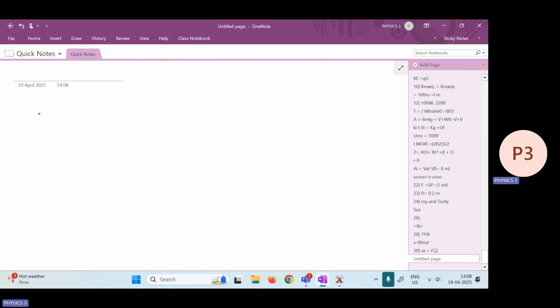The 31st question. We have given 5 grams steam at 100 degrees centigrade passed into 6 grams of ice at 0 degrees centigrade. If the latent heats of steam and ice are 540 calorie per gram and 80 calorie per gram, and the final temperature is... So if we consider the heat required to convert all of the ice, that will be Q1 is equal to m into latent heat of fusion.